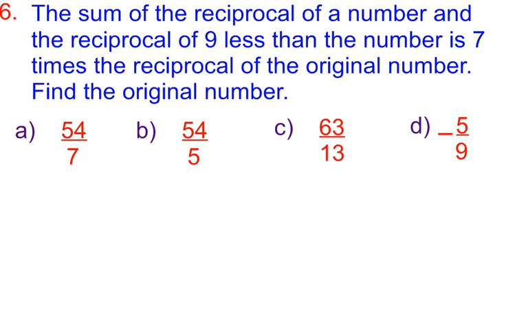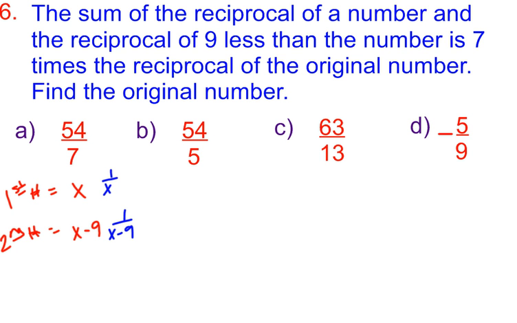The last one we're going to do, same idea. The sum of a reciprocal of a number and the reciprocal of 9 less than the number. The first number we're just going to call x again. The second number is 9 less than it, so we'll call that x minus 9. They use the term reciprocal again, so 1 over x and 1 over x minus 9.